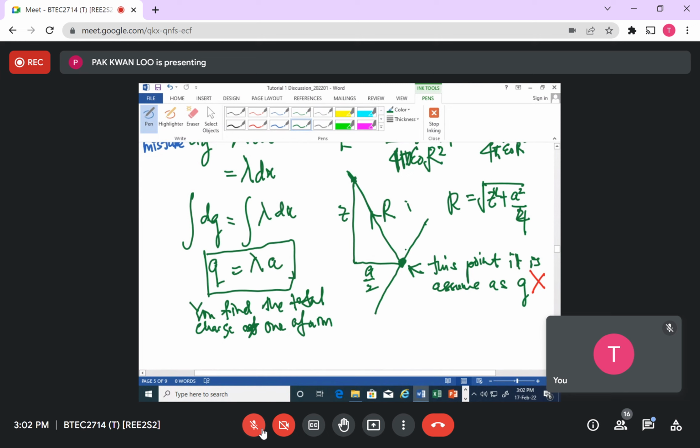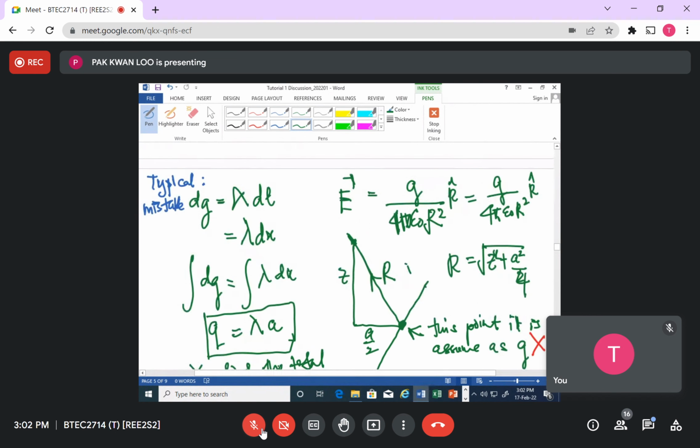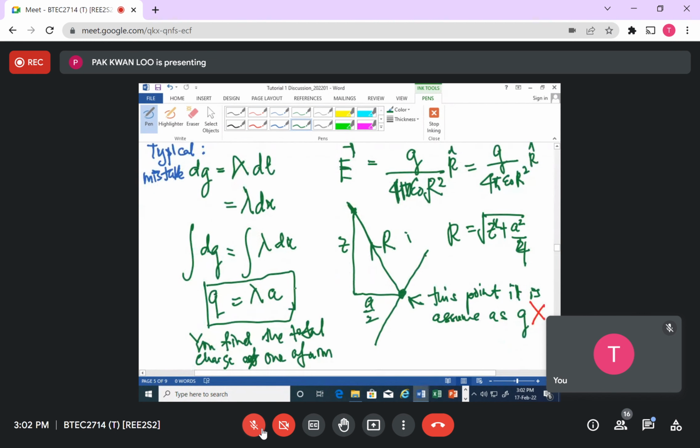If you're able to understand what I have demonstrated to you today for the solution of question 4, as well as the previous example in the notes, and if you look back at your own solution, you find that this is a bit contradictory, right?